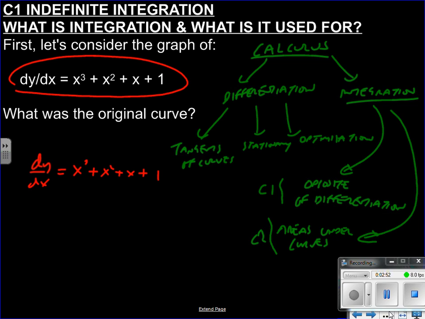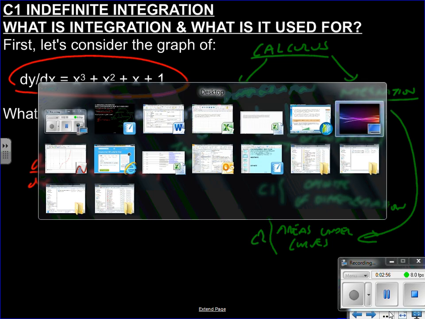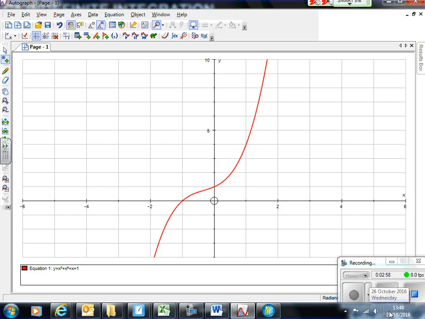At the moment, this in itself is a graph, isn't it? And you can see it's a cubic. The graph looks like this. That's the graph of dy by dx, our x cubed plus x squared plus x plus 1. The question is, what was y? What did y start as?